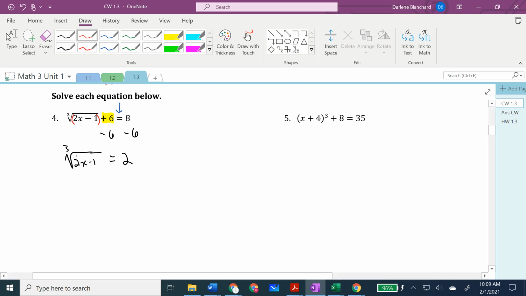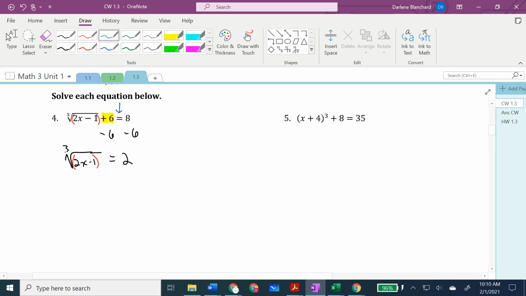Then I want to realize again that this is a parentheses. The root 3, which is at the same level as exponents, is a weaker operation than parentheses. How do I undo a cube root? What is the opposite operation of cube root? Cubing.